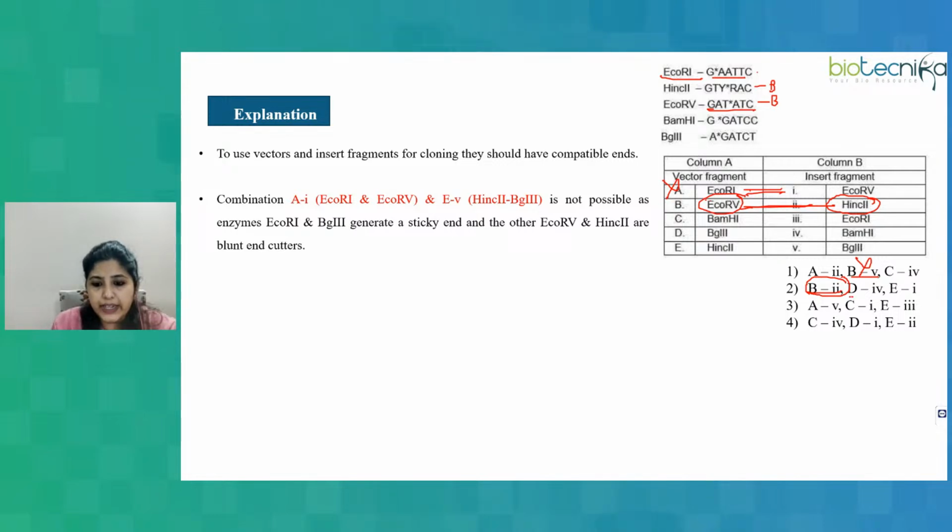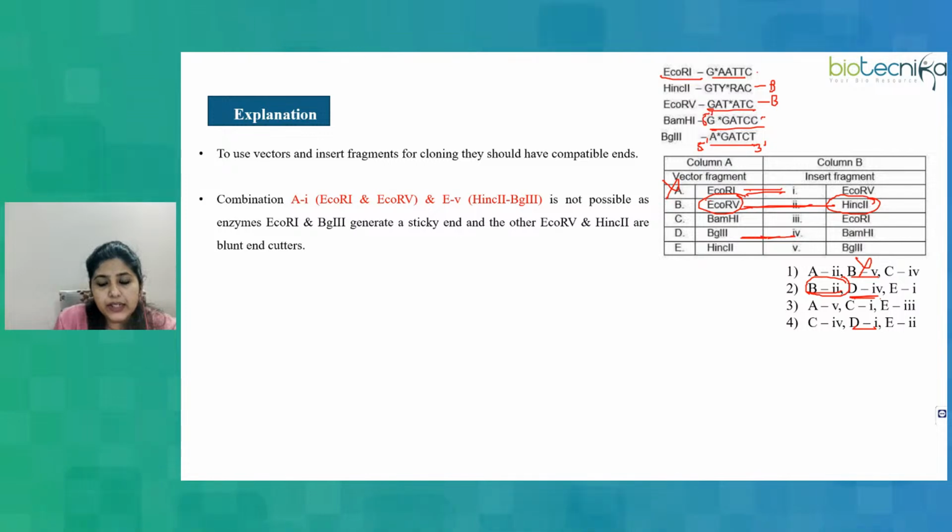So we can take D, because D is given here also and here also. Whether it is D1 or D4. First I'll take D4. So BglII with BamHI. Kindly note the sequences given here are of one strand only, written 5' to 3'. So if this is 5' to 3', this is also 5' to 3'.